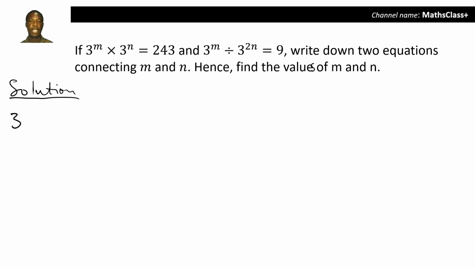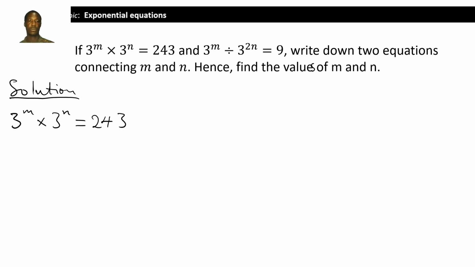So we take the first equation, 3 to the power m, multiplying 3 to the power n, giving us 243. So we can rewrite. Let's remember that when the bases are the same and they are multiplying, we add their exponents.